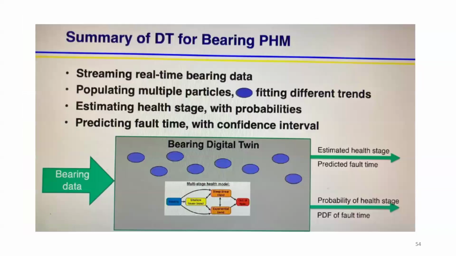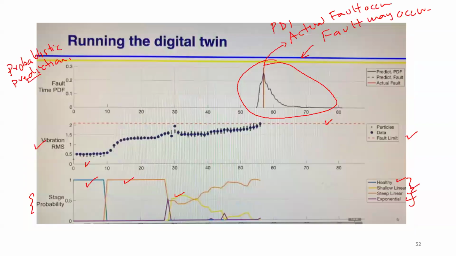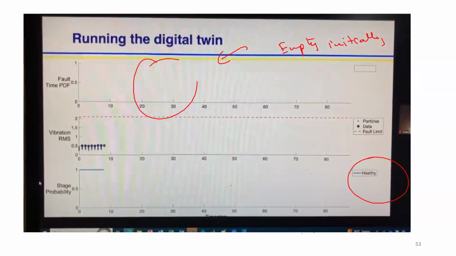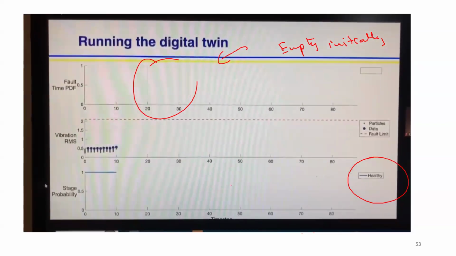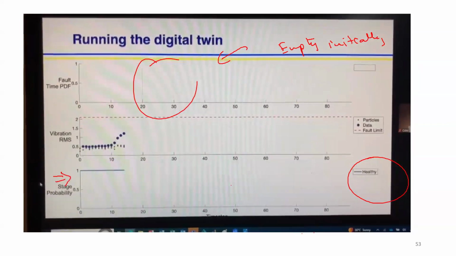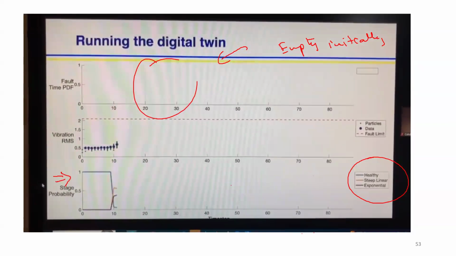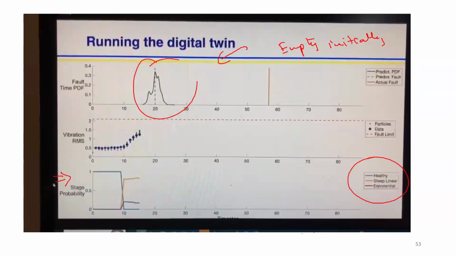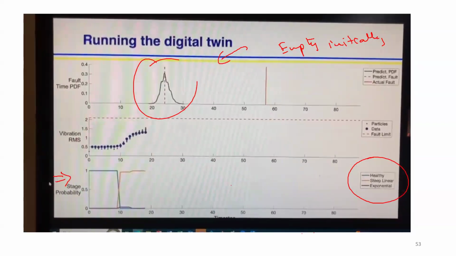Let me run it again. Now you will see that initially it is empty, and later on, based on the stage probability here, we will start getting some. And you see it's moving.